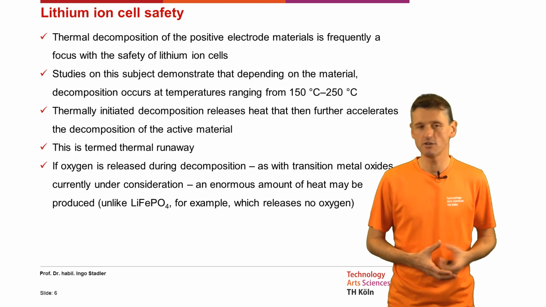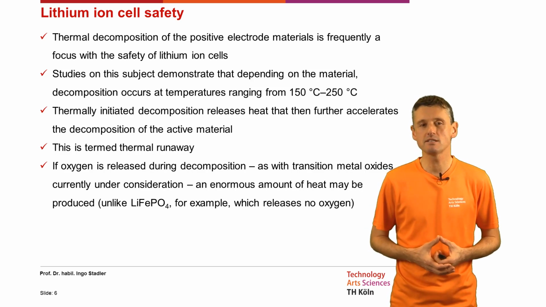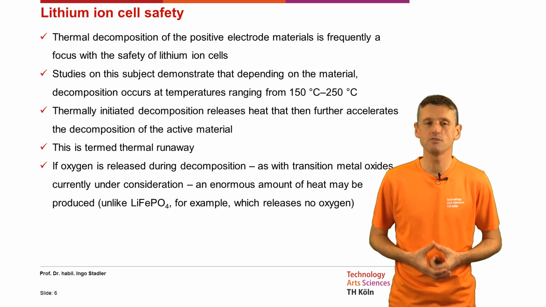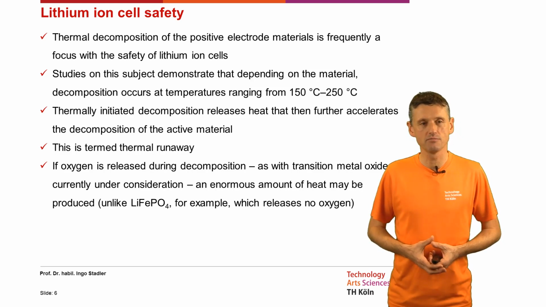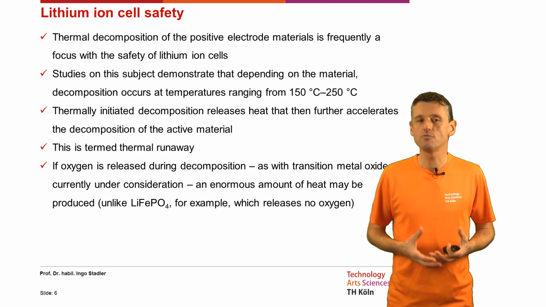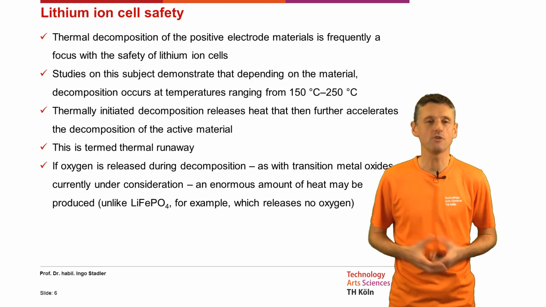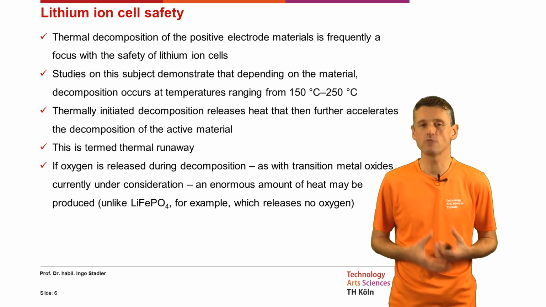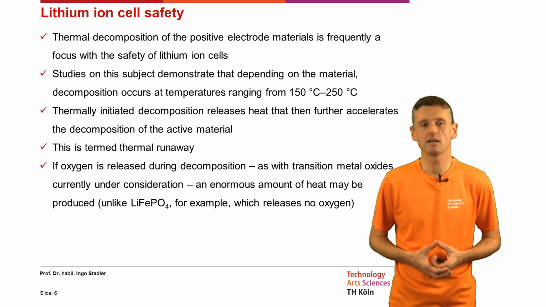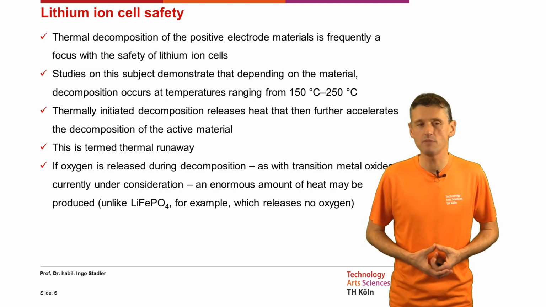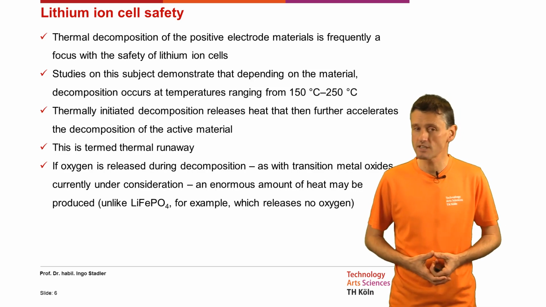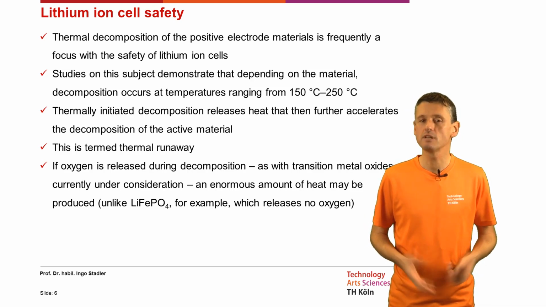Thermally initiated decomposition releases heat that then further accelerates the decomposition of the active material. This is termed thermal runaway. If oxygen is released during decomposition, as with the transition metal oxides currently under consideration, an enormous amount of heat may be produced. That is unlike with lithium iron phosphate, for example, which does not release oxygen.